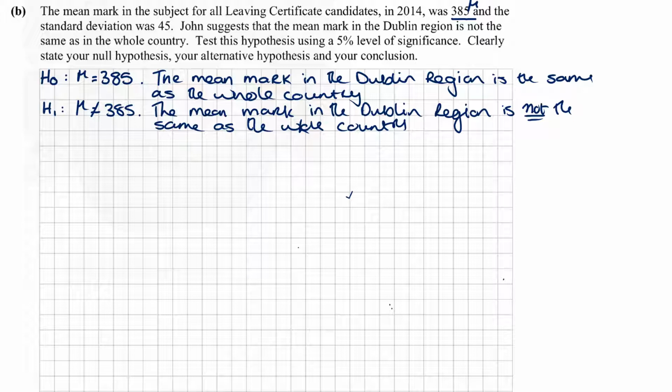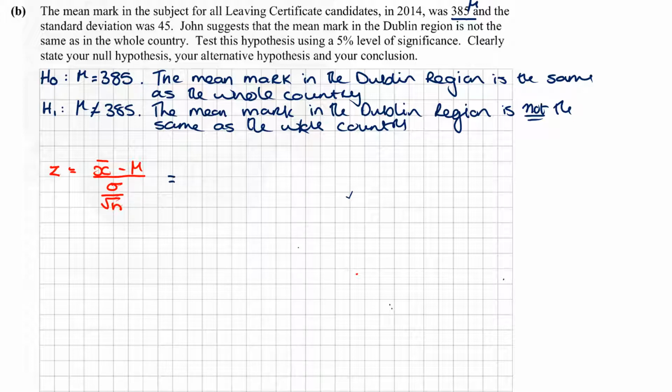So then we have again our confidence interval. However, this time just to show you, I'm going to use the z-score method. So I'm going to take the idea of z is equal to x bar minus mu all over sigma over root n.